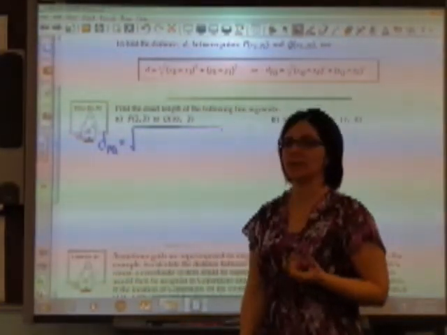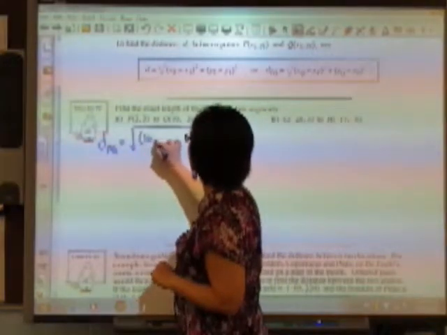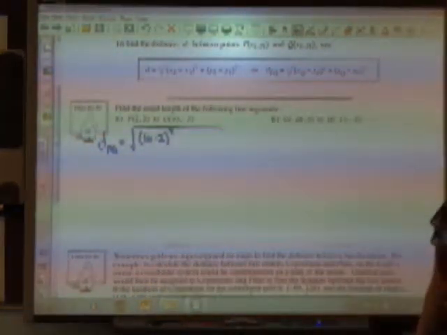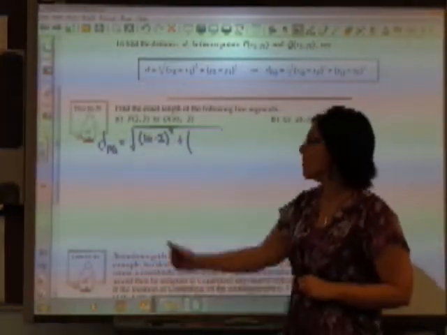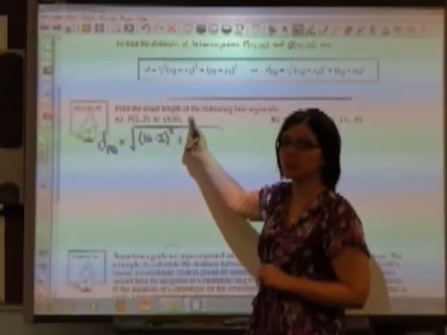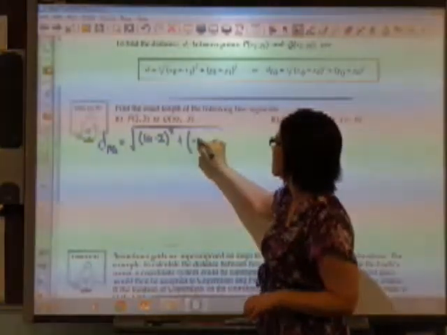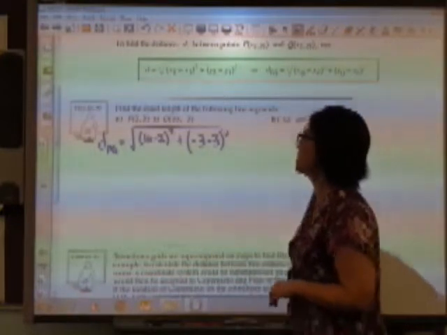Which way do you guys want to write it? 10 minus 2. Okay. So it'll be 10 minus 2 squared plus the difference in the y coordinates. Because I chose 10 first, I need to choose -3 first. That's what I mean by being consistent. So I have to write this as -3 minus 3 squared.